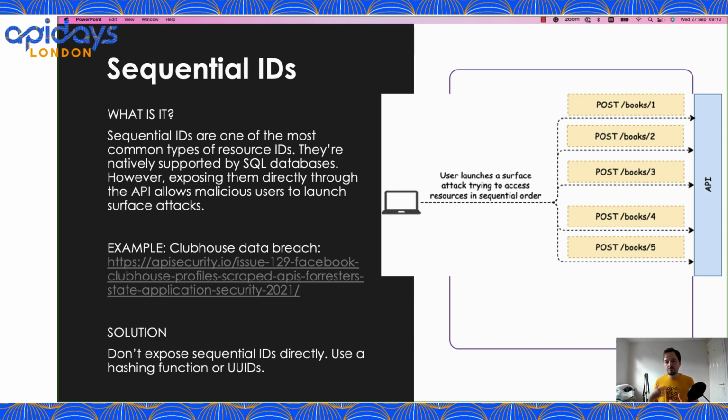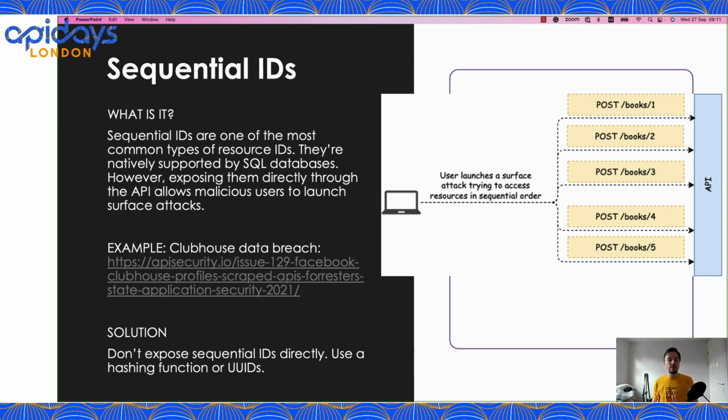The moment a user figures out that there is a predictable pattern in the way we identify resources in our URLs, a user may want to play around with those identifiers and see if they can get hold of resources that don't belong to them. If that happens, we would be in a situation of broken object level authorization, and we really want to prevent that.